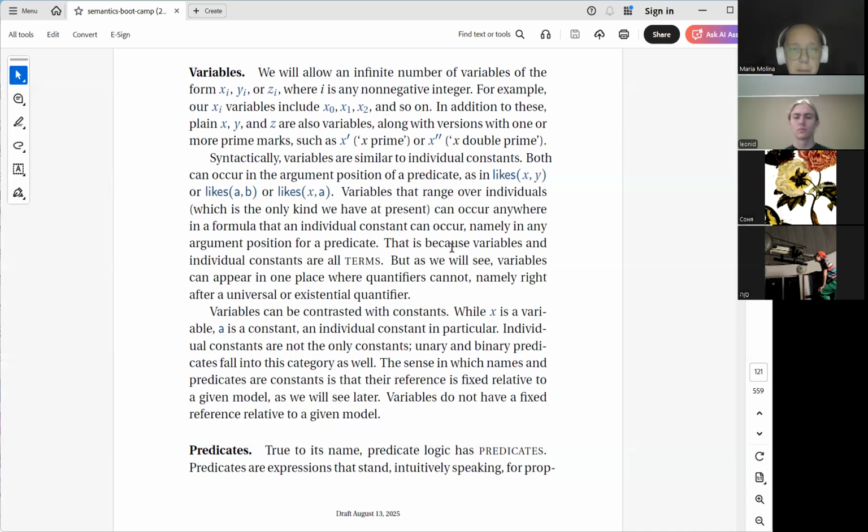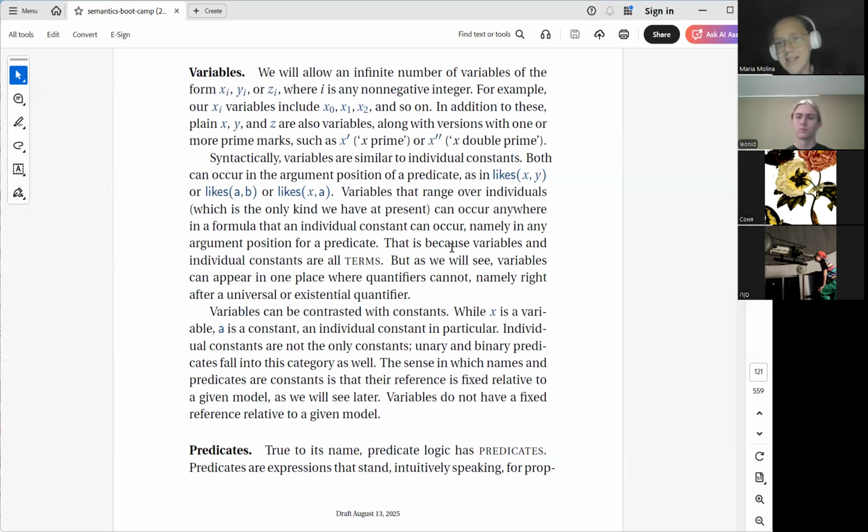And variables behave very similarly to individual constants. Because in fact, every individual constant, like Alex, is a part of a set of, I don't know, a certain type of people. And we can always take another person from this set.